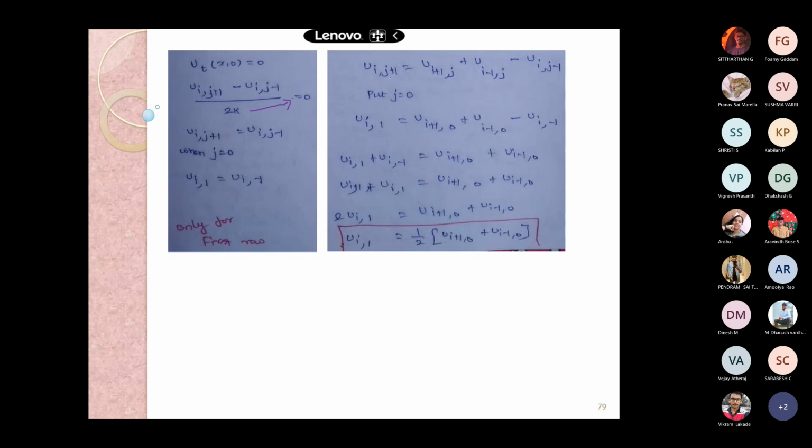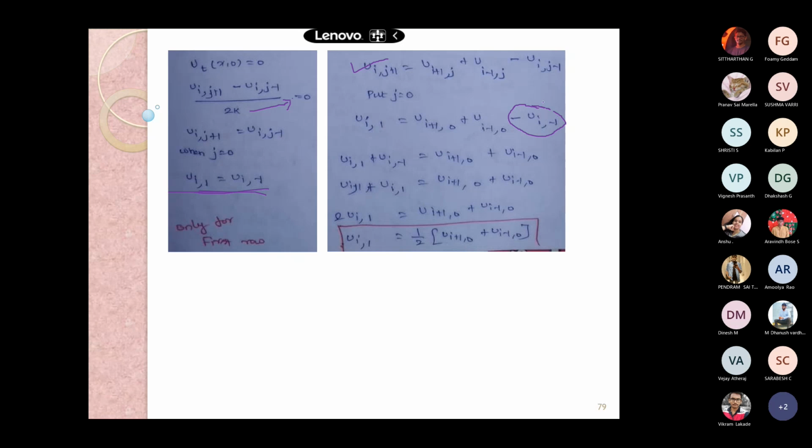So this is the derivation of the reduced form of the wave equation which we obtained in the last slide. I am applying this information here by applying j is equal to 0. I am getting u of i comma 1. By applying j is equal to 0, u of i comma 1 is equal to u of i plus 1 comma 0 plus u of i minus 1 comma 0 minus u of i comma minus 1. Instead of having this u of i comma minus 1, I am accumulating it on one side.